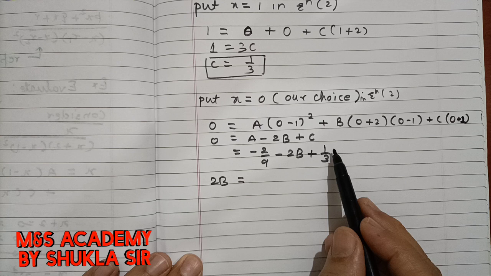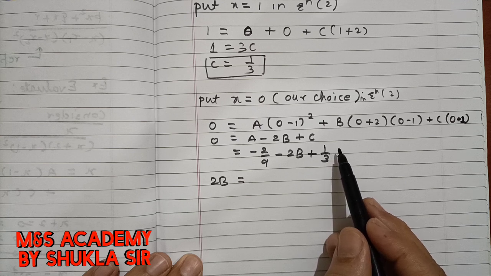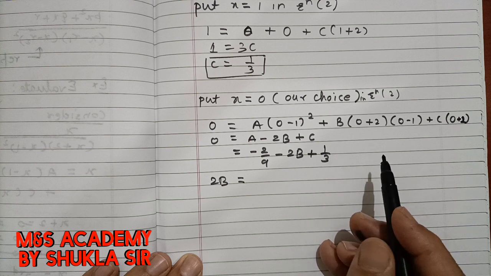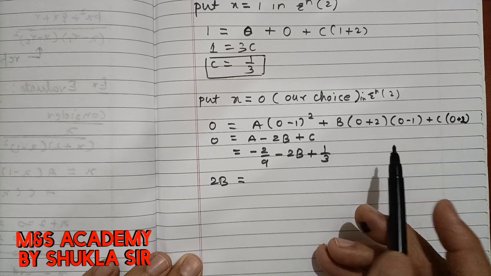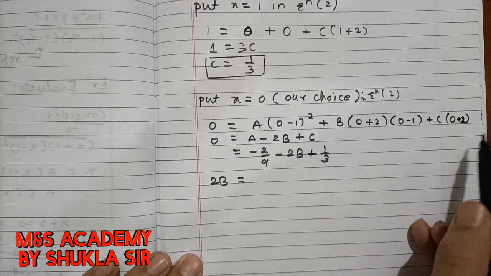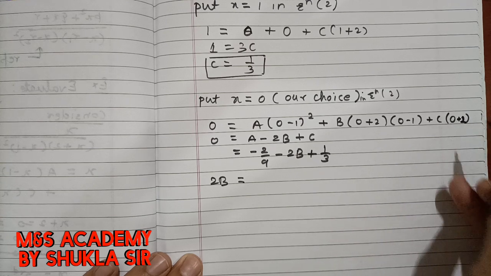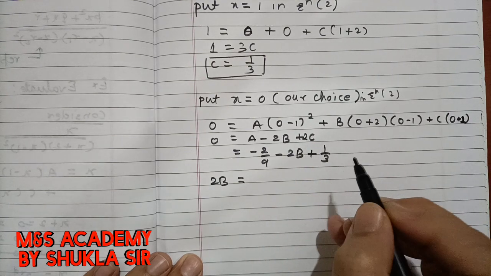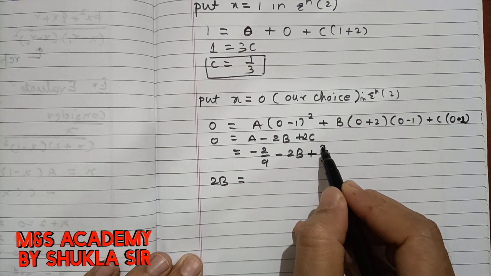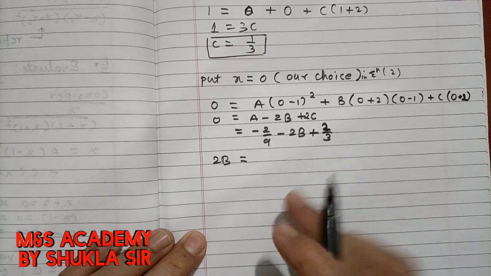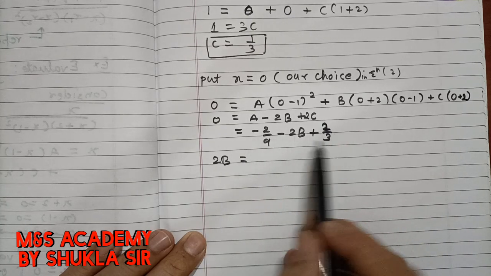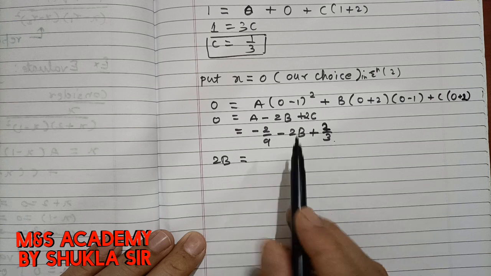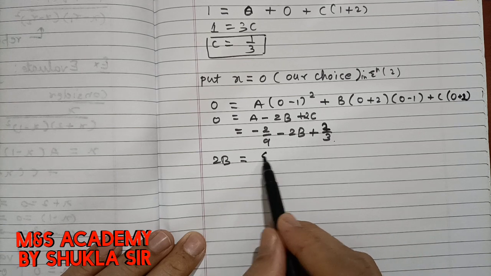So 2c is 2 by 3, so 2 by 3 is 6 by 9, so minus 2 by 9 plus 6 by 9 is 4 by 9.